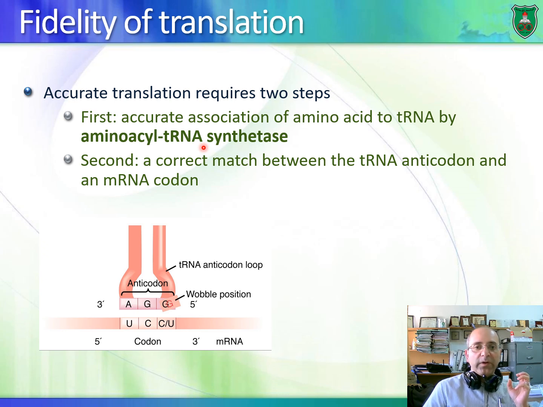They do not read an anticodon and insert a different amino acid. No, they are accurate. The other thing is that you have to have correct base pairing between the tRNA anticodon and the messenger RNA codon. So that's the second reason.